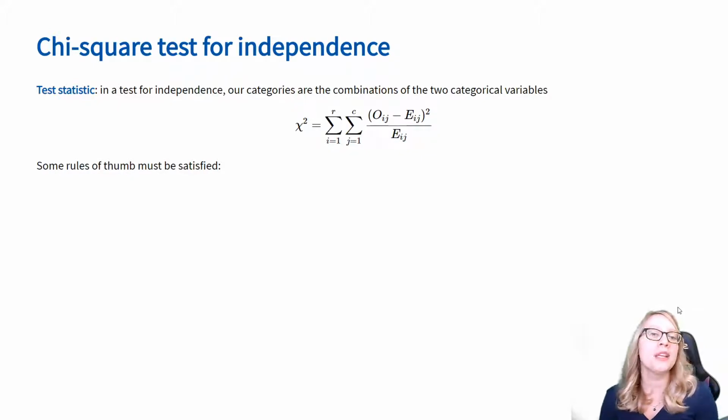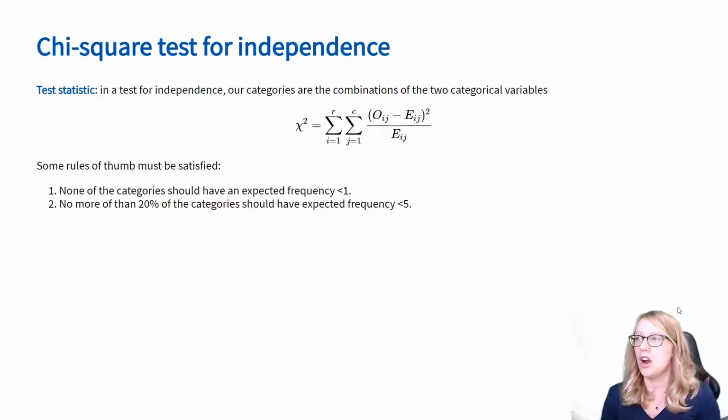Now, there are some basic rules of thumb that we need to satisfy in order to do this chi-square test. All of these kind of boil down to the sample size. Is our sample size large enough for this to be a good method? Some recommendations here are that none of the categories should have an expected count or expected frequency less than 1.